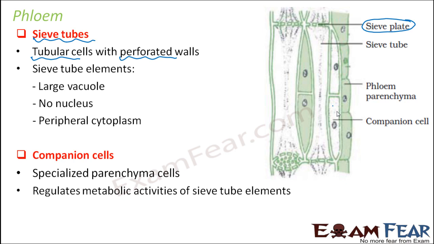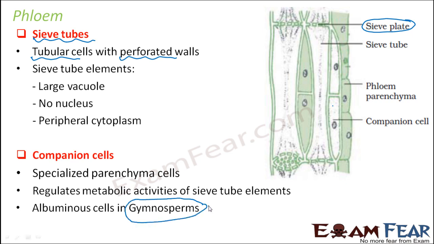Now, one important thing to note here is that there are some plants, the non-flowering plants, that is gymnosperms. In gymnosperms, we do not have companion cells. Instead of companion cells, we have albuminous cells. Now, you might say, when they also have a substitute, why do they have a different name? That's because there is a major difference.